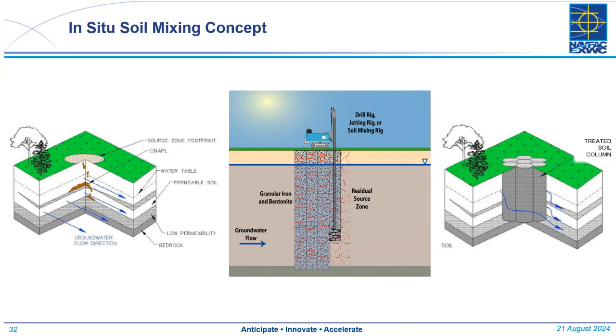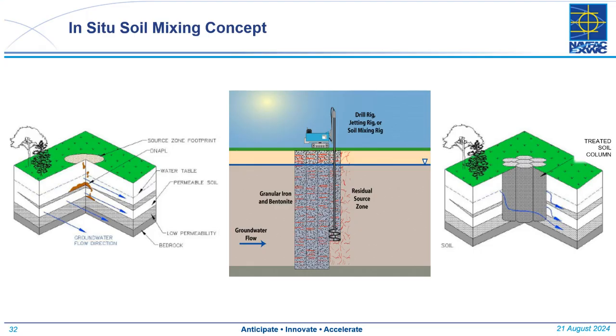If you're not familiar with soil mixing, this slide illustrates simply how it works. You might start off, as in the graphic on the left-hand side, where we have a DNAPL source area where DNAPL has sunk down beneath the source area, and maybe it gets hung up on a low permeability layer. Then in the middle, the technology is pretty simple. We have a large diameter rig where we might auger in columns of reagent treatment material that could be granular iron.